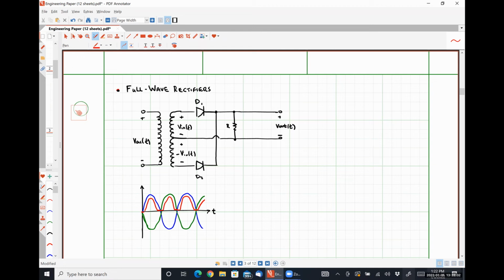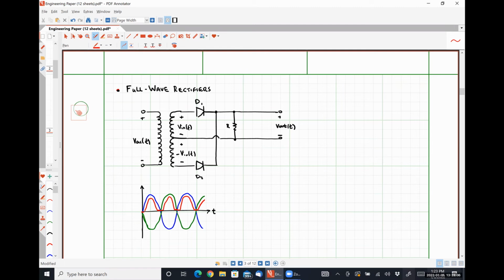So effectively, diode 1 is passing the positive half cycles of Vn, and diode 2 is passing the positive half cycles of negative Vn. And when we add those two contributions together, we get full wave rectification, because what it looks like is that the negative half cycle of Vn is being converted to positive.